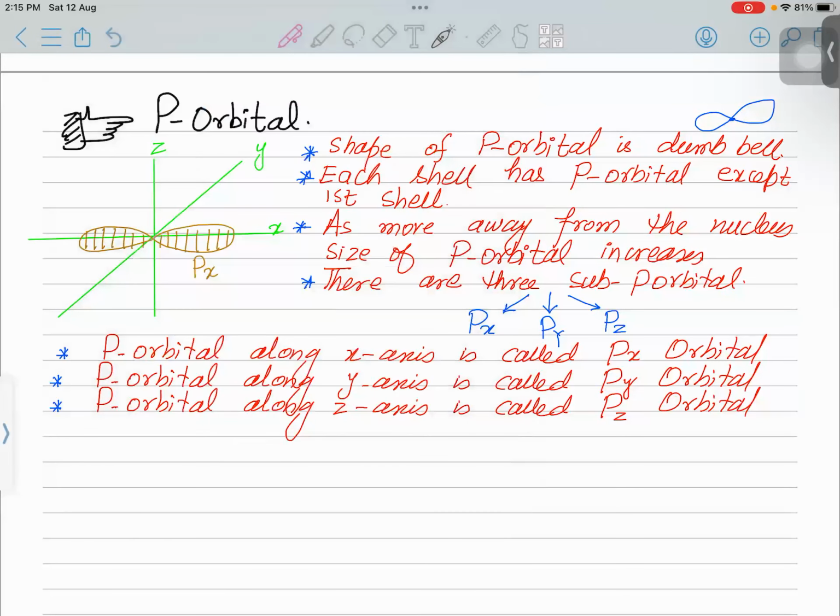Shouldn't the vertical line be the y-axis? You wrote Z. Because this is three-dimensional, the y and z axes are interchangeable, but the x-axis is always horizontal. Are you getting my point or not? Yes.